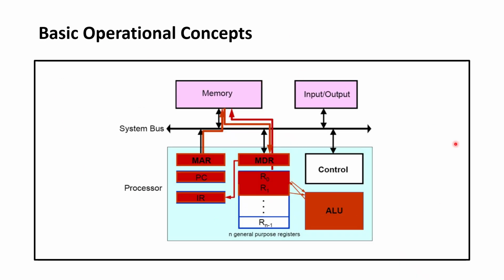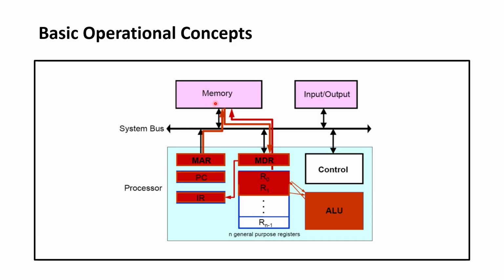This diagram shows the basic operational concepts of how the processor communicates with memory and input-output devices and how it fetches and executes instructions. The process starts with the program counter, which holds the address of the next instruction to be executed. The address is sent to the memory address register. The processor then sends a request through the system bus to the memory.